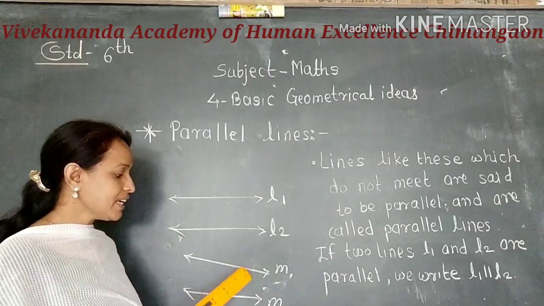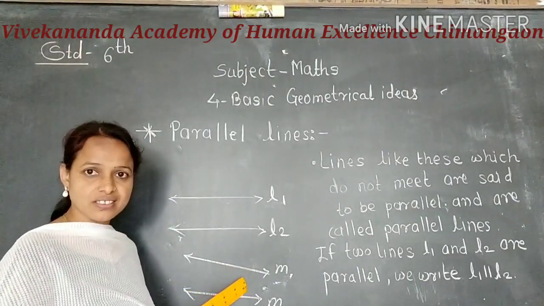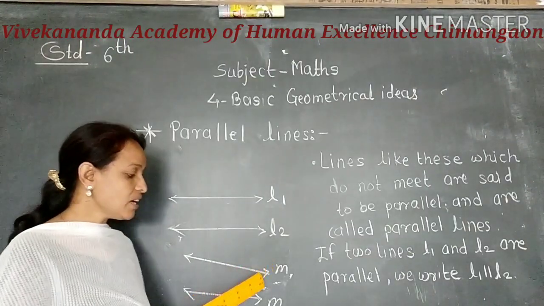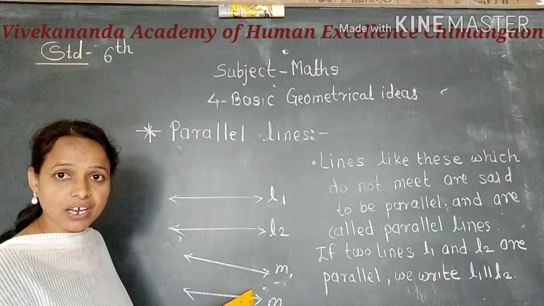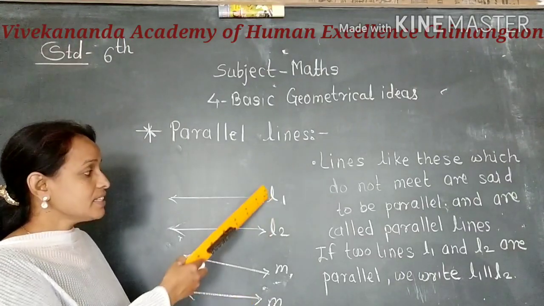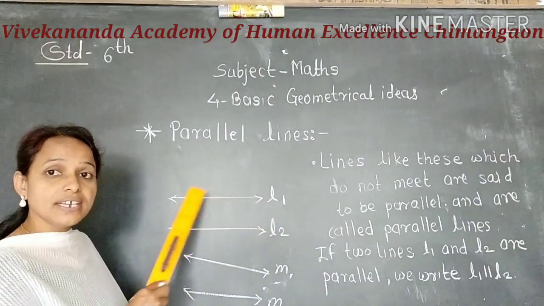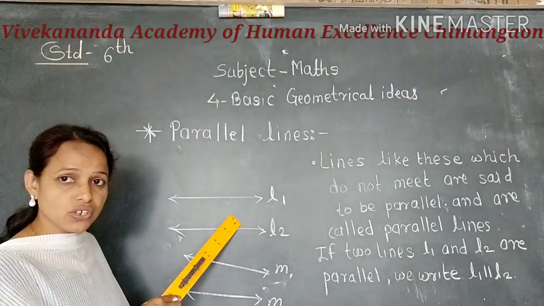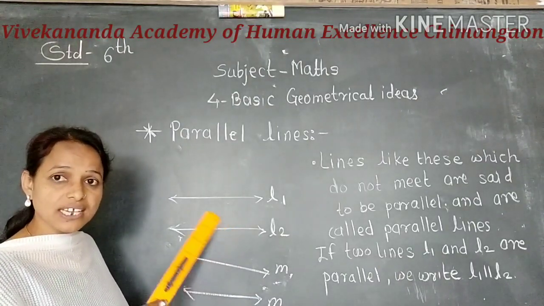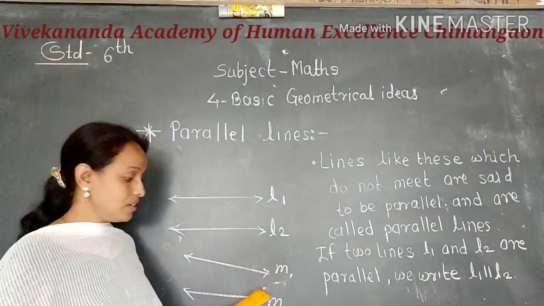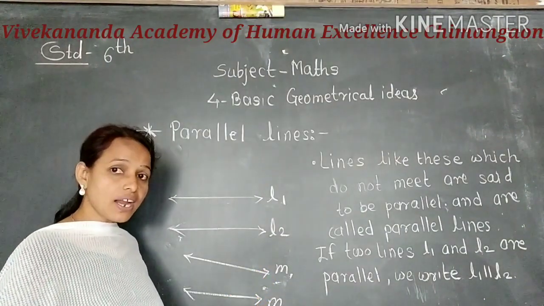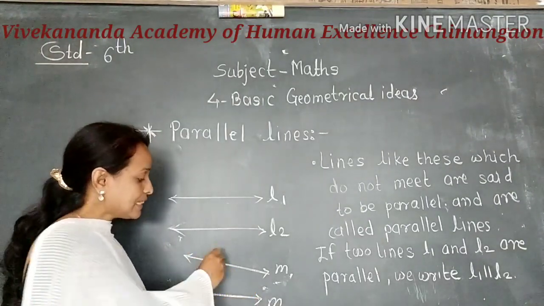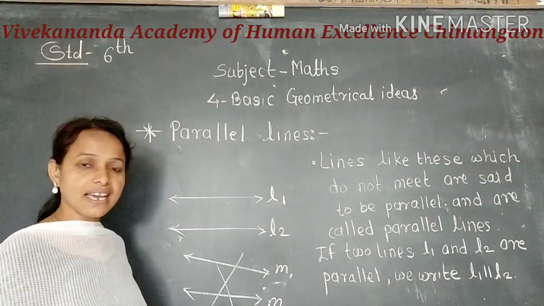But the distance between lines M1 and M2 changes. So M1 and M2 do not intersect, but the distance between them is changing. So these are not parallel lines.